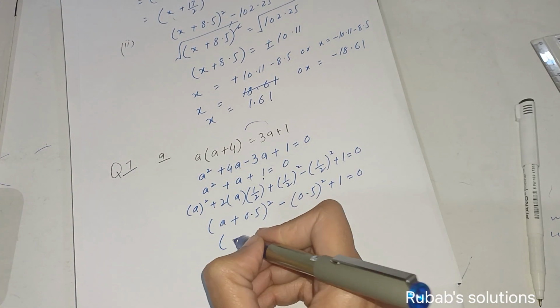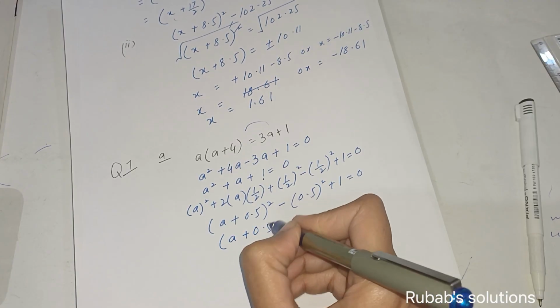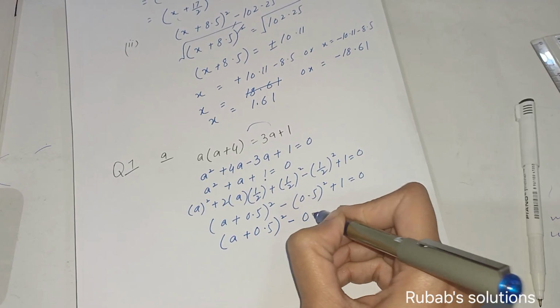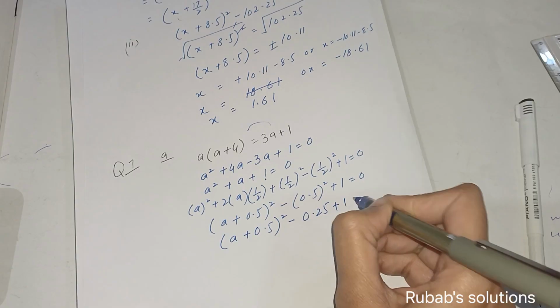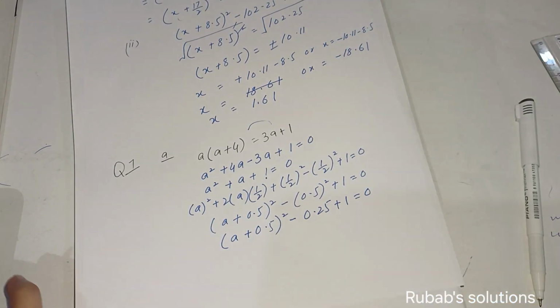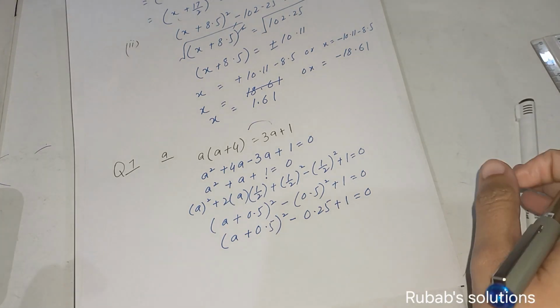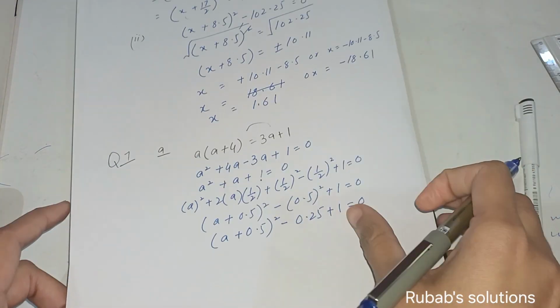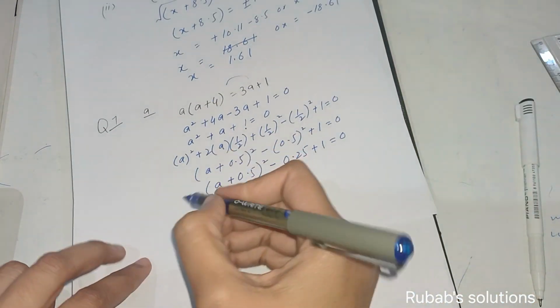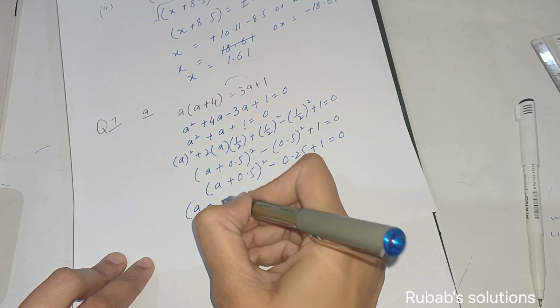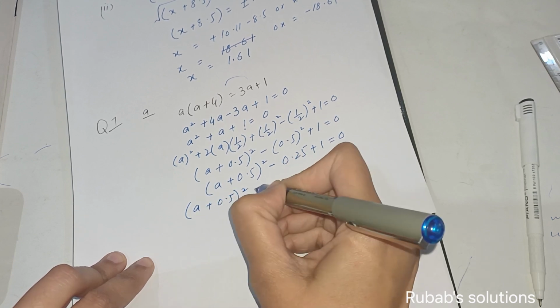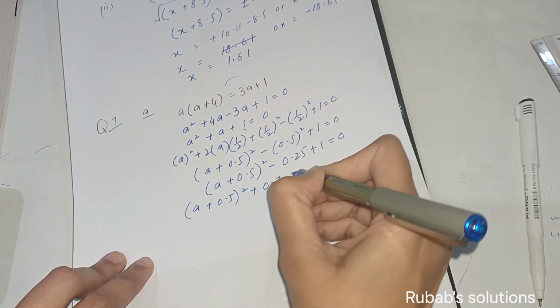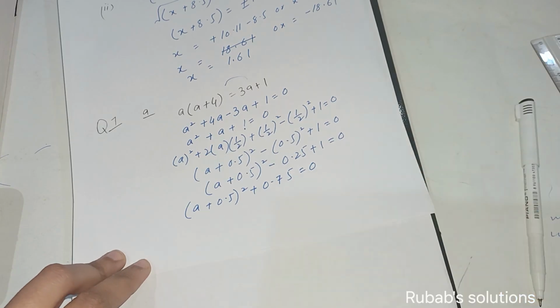So from here it will be a plus 0.5 whole square minus 0.25 plus 1, this is equal to 0. And the answer from here, it is minus 0.25 plus 1, it will become a plus 0.5 whole square plus 0.75. This is equal to 0.